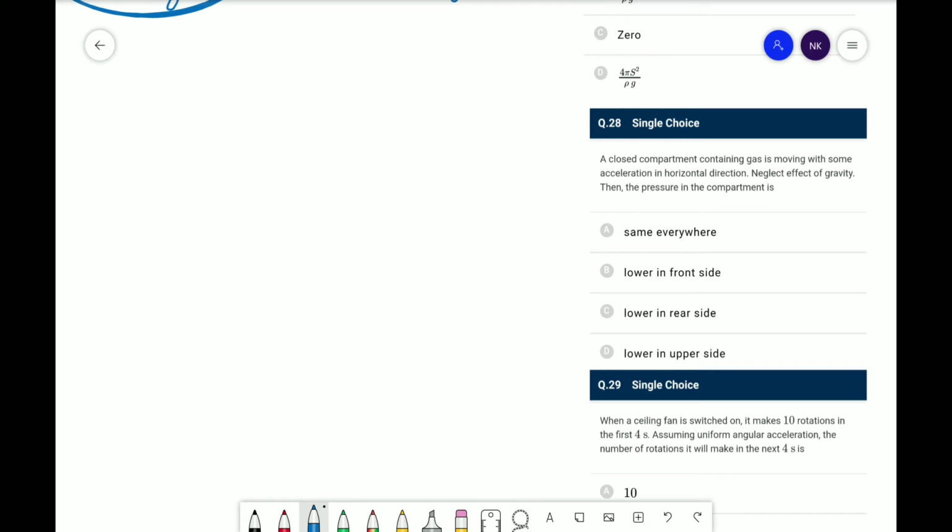So pressure cannot be the same everywhere because it is moving, not in a stationary position. So the pressure will be lower in the front side. Therefore this answer is correct, lower in the front side.